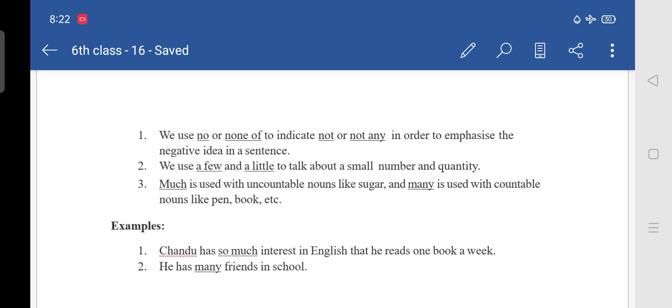Whereas many is used with countable nouns like pens, books. If you can say 10 pens, 5 books, these are countable, isn't it? So we use many in such cases.